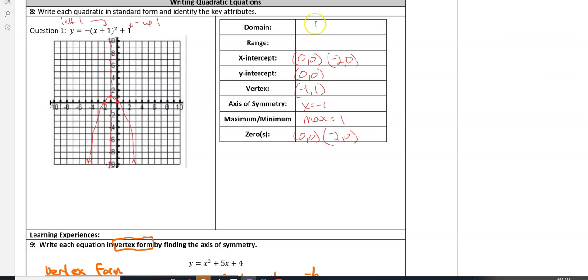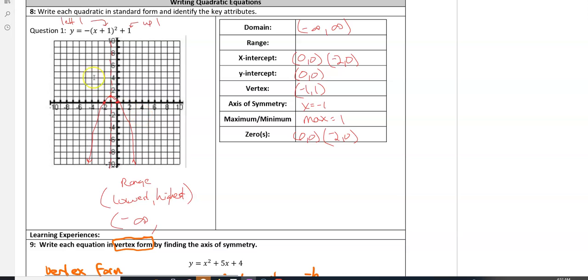And my domain is always the same. Remember, for a parabola like this, it goes from -infinity to infinity. And then my range is lowest, comma highest. When it's upside down like this, the lowest value goes down forever, so it'd be -infinity.